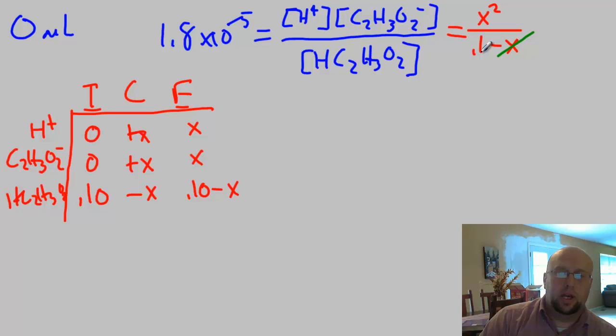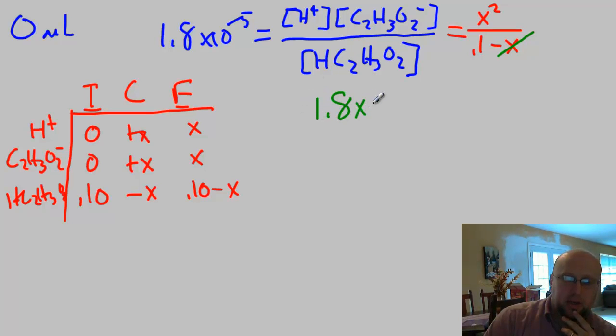So what we're going to do next for math is 0.1 times 1.8 times 10 to the negative fifth is going to be equal to x squared. So that's going to give us 1.8 times 10 to the negative sixth, I don't know why I can't do these negatives, equals x squared. Then we're going to take the square root, and we're going to see that x is equal to 0.00134.